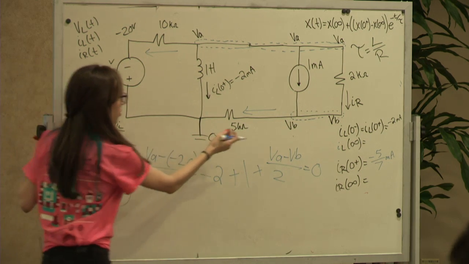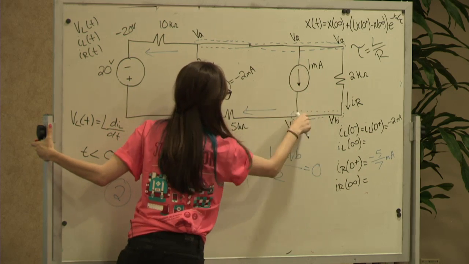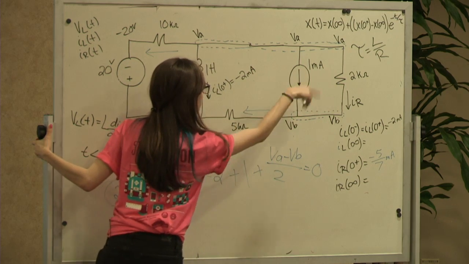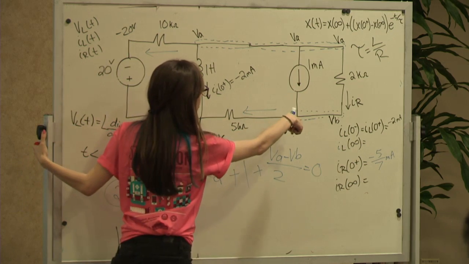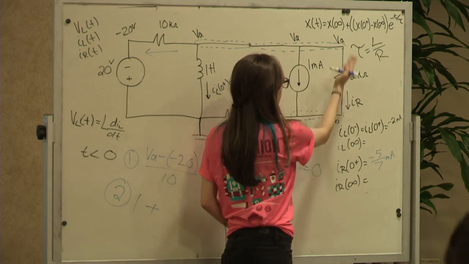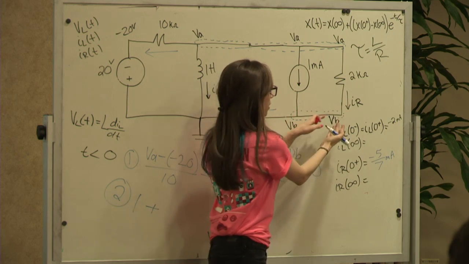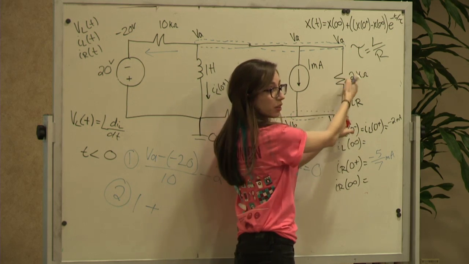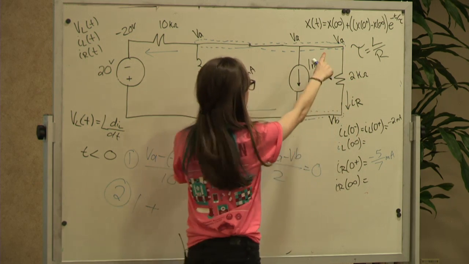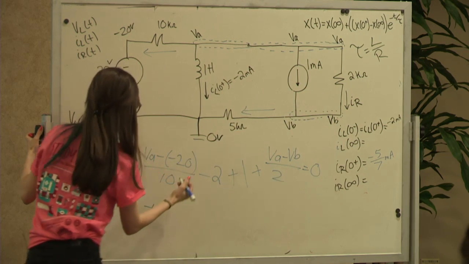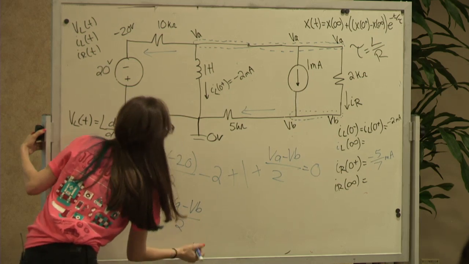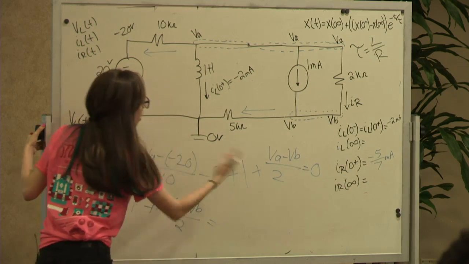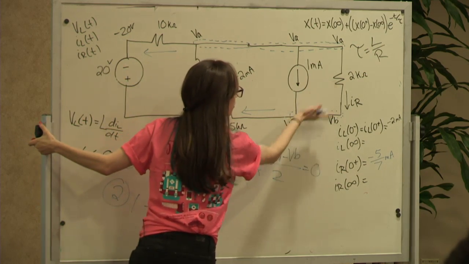Looking here, this one's going in, this one's going in, this one's leaving. So the 2 going in are 1 plus the IR. And I'm not assuming it going out. If I was assuming it going out here, it'd be VB minus VA over 2. But I kept the label, so it's still VA minus VB over 2, and it would be on the other side had I assumed it going out.